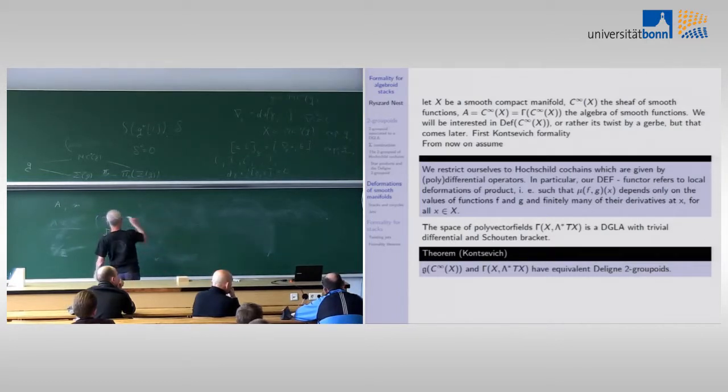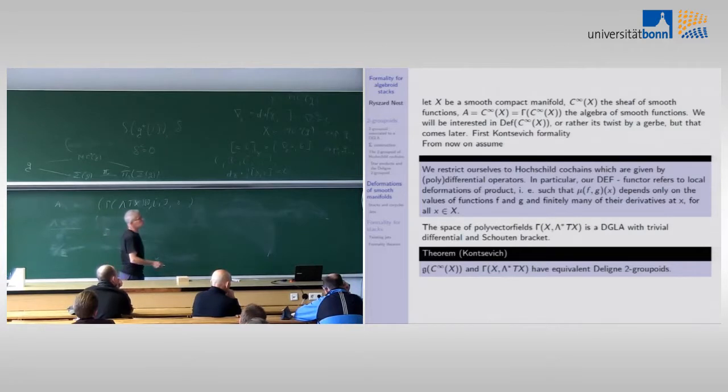First of all, we write down polyvector fields on X, sections of the bundle of polyvector fields. There is the Schouten bracket here, and there is zero differential. Again, as I said, shift of degree by 1. So functions are of degree -1. Vector fields are of degree 0. The commutator of vector fields is a vector field. Okay? So this is a differential graded Lie algebra.